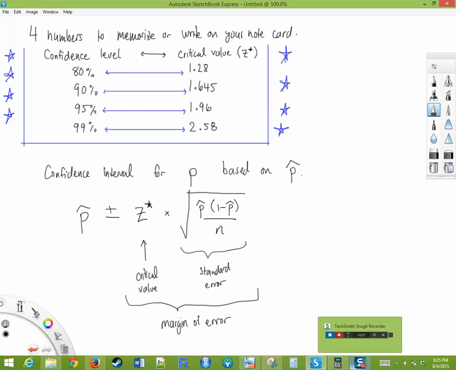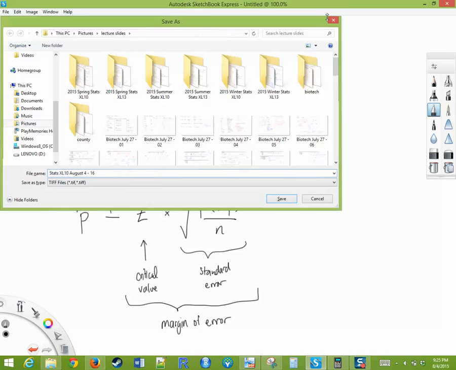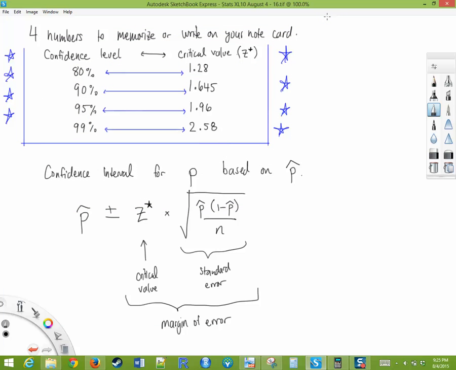When news organizations report the results of political polls, they'll say candidate XYZ, Donald Trump, has this percentage popularity with a margin of error of 3% or something like that.